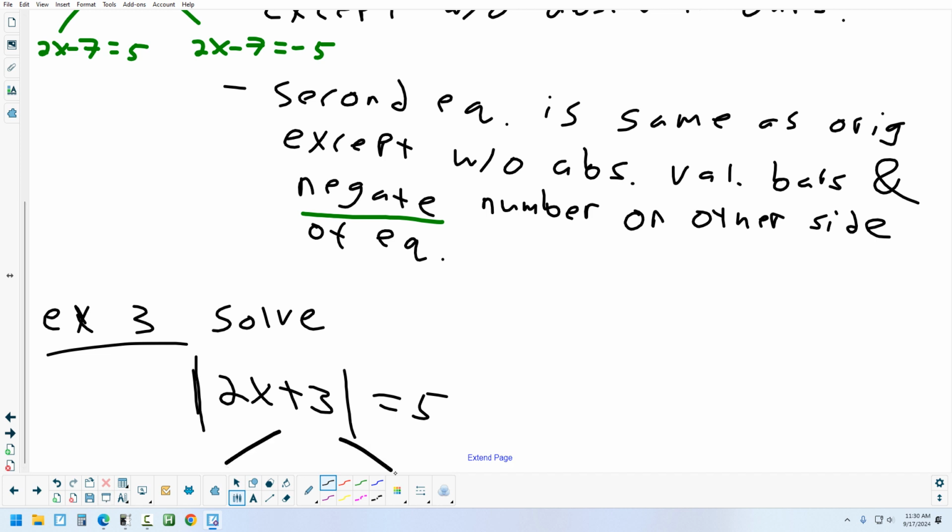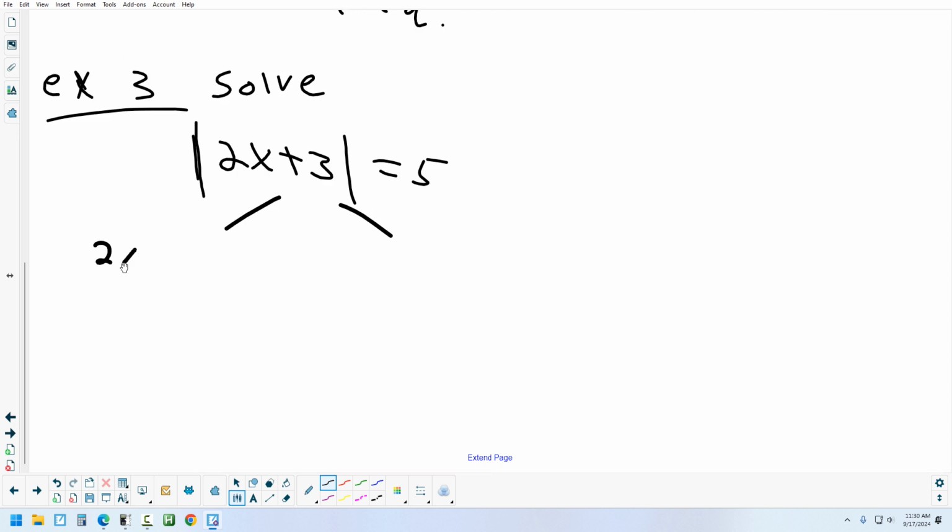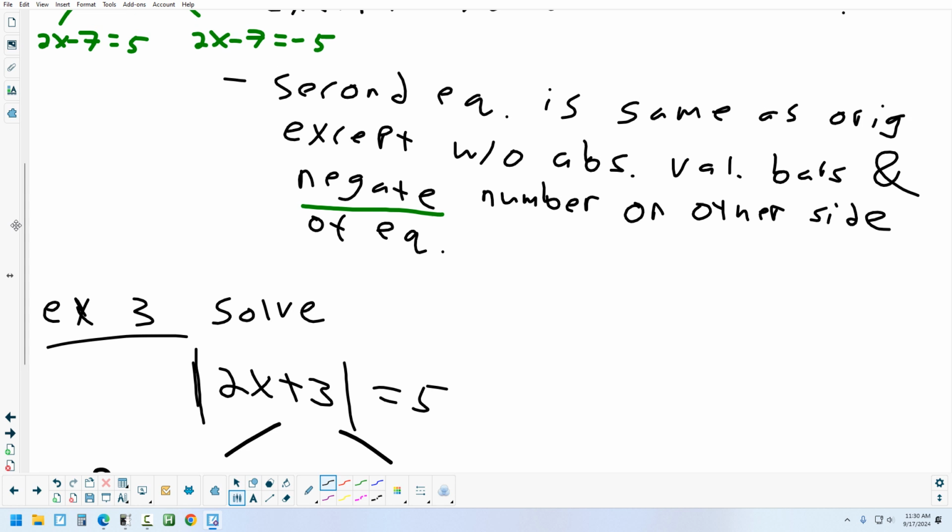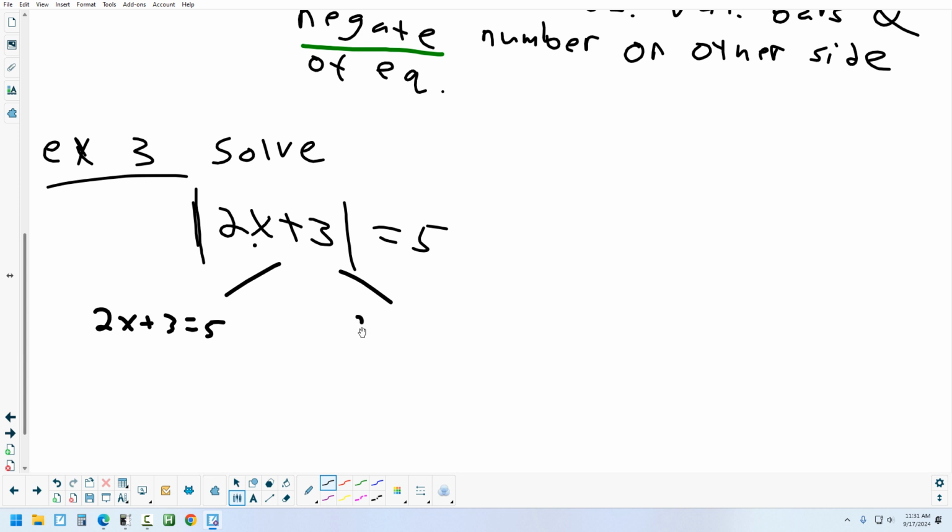Anybody think they can give me the first equation that this is going to split up into? Yep. 2x plus 3 equals 5. So we get either what's inside there can come out to 5, or what's inside here can come out to negative 5. 2x plus 3 equals negative 5.